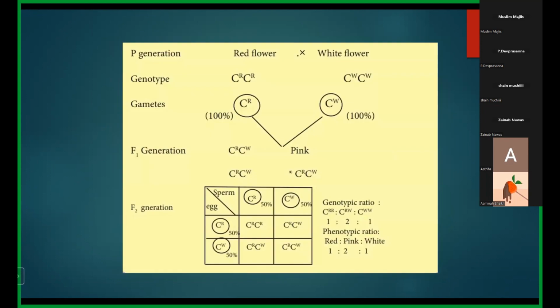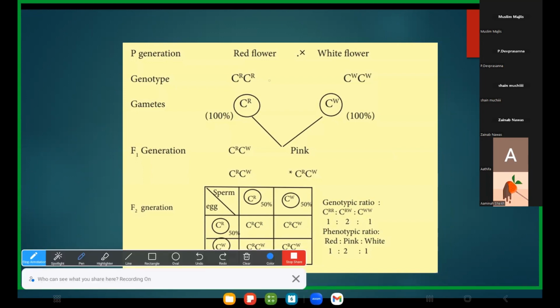If we consider it in a Punnett square, we have the parental generation with red flower and white flower. We denote red flower with capital C superscript R alleles, and at homozygous state there are two CR alleles, CR and CR, and white flowers can be denoted by CW and CW. These will be separated during gamete formation, so there will be two CR gametes and two CW gametes.